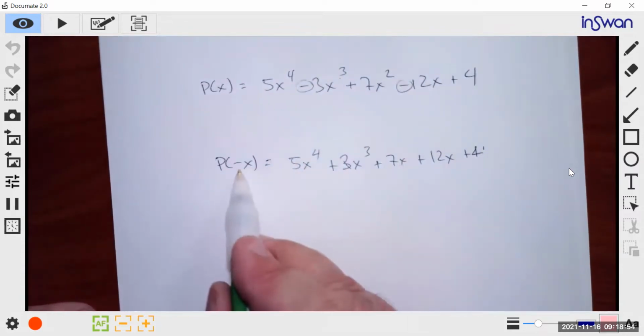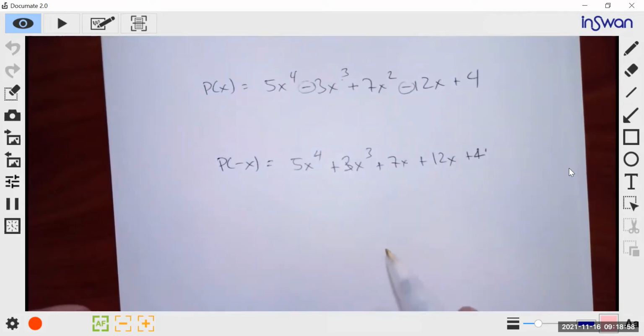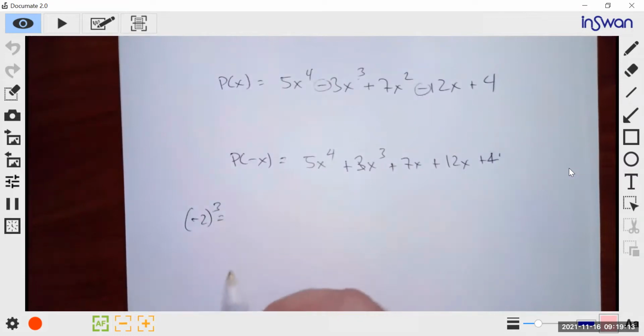Because a negative x only changes odd exponents. Everybody follow that? Or is it too confusing? Because a negative 2 to the third power is -2 times -2 times -2.